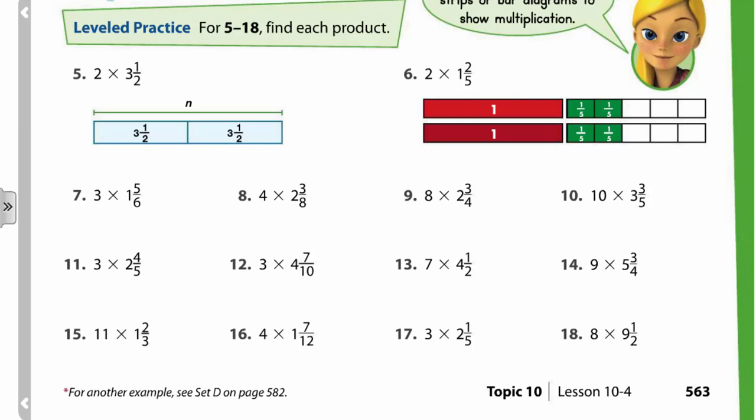Yes, 563. It's written in the top and also written down here. Okay, what we're doing now, my heroes, we are solving questions 5, 7, 11, 15. We will solve these 4 questions.